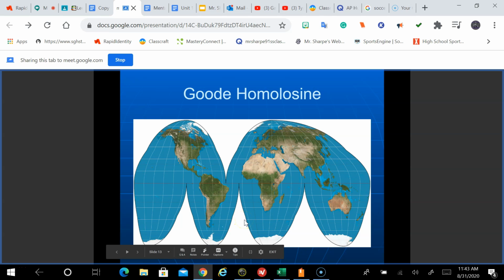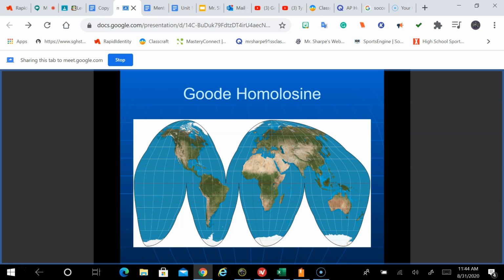And this is why most maps like Google Earth and mapping systems that we have for ships always use the Mercator or the Robinson projections, because it's easier to navigate through that. Most maps will use Mercator because it's easier to navigate.